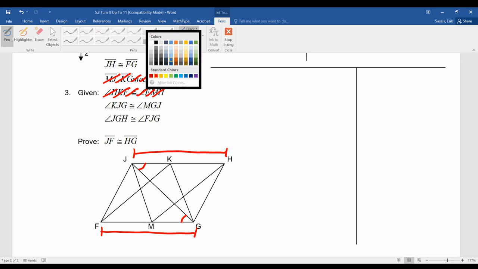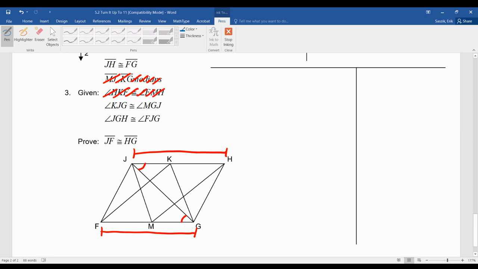And then we also have JGH, that's this angle, congruent to FJG. And I think whoever, let's look ahead. We have to prove JF congruent to HG.